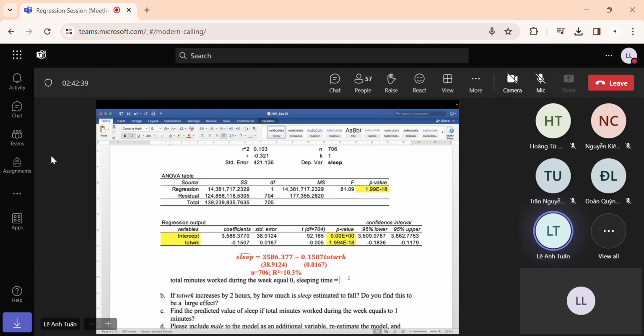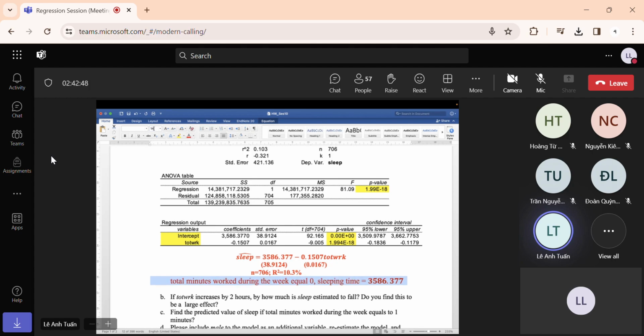Because we know the meaning of the constant is the value of the dependent variable when the independent variable equals 0. Here we only have one independent variable, so if the total minutes of work during the week equals 0, suppose you have no work, that is your sleeping time.